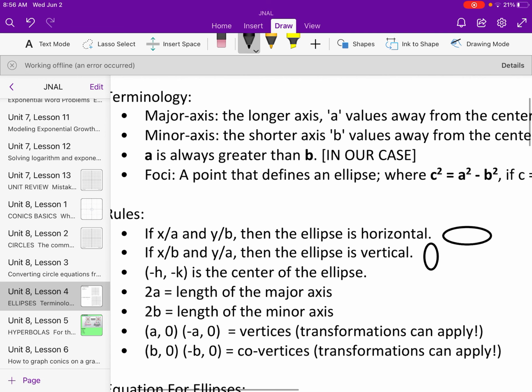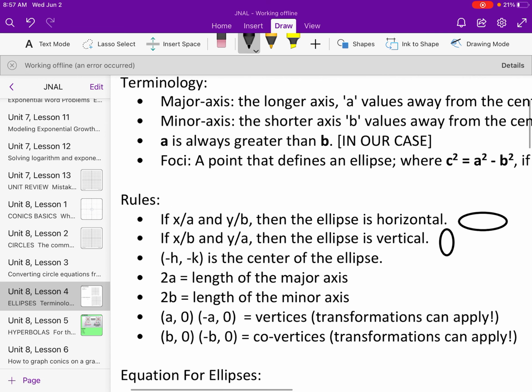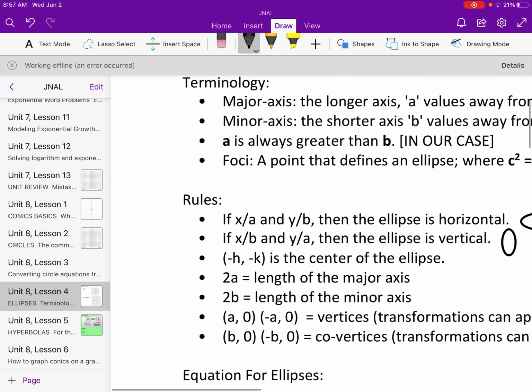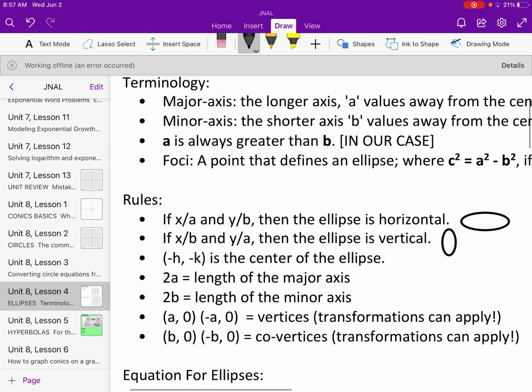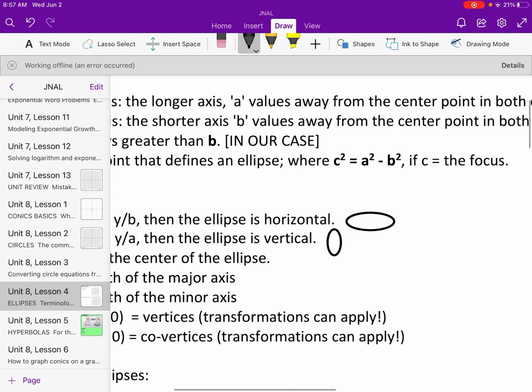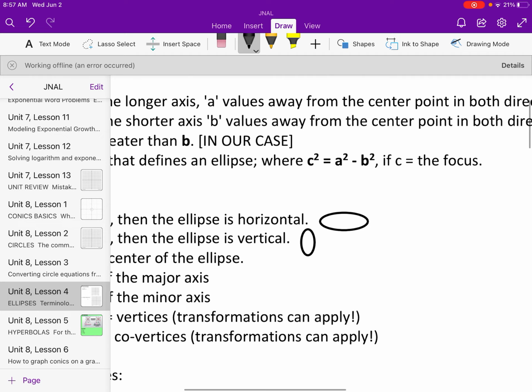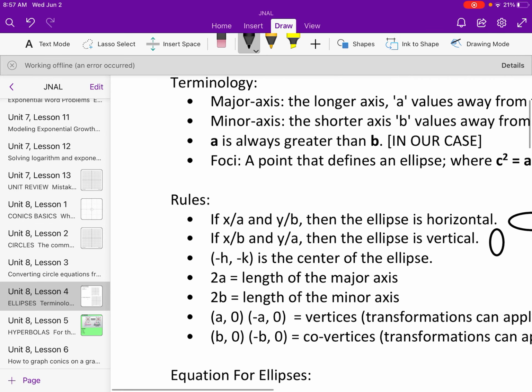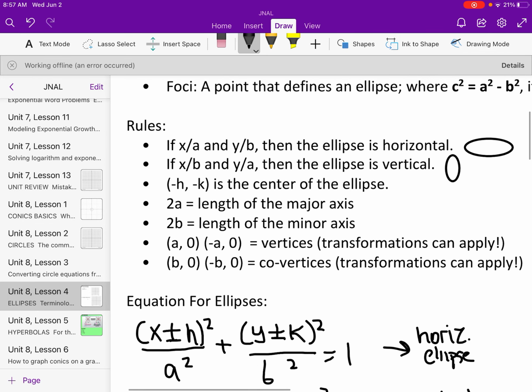Because we have an a and b, sometimes people make a and b able to be switched, but for this purpose we will say that a is always greater than b, because it gets confusing, but if you make it that way, then it seems simpler. So the minor axis is the shorter one, and it is b values away from the center point.